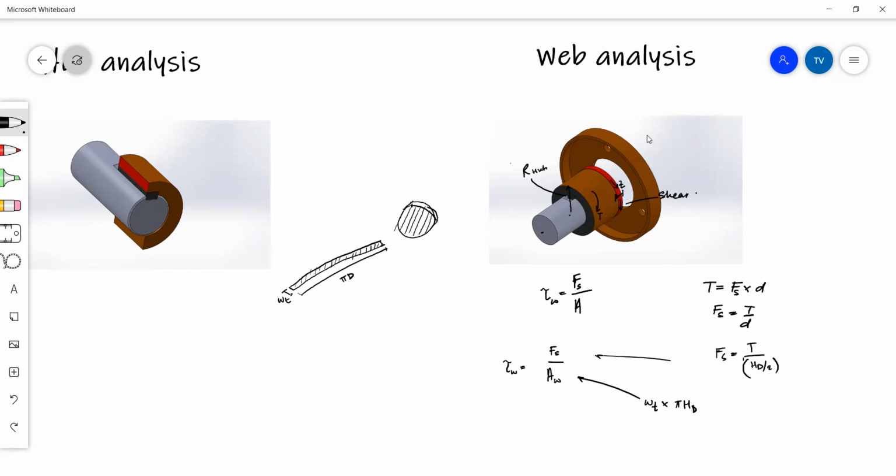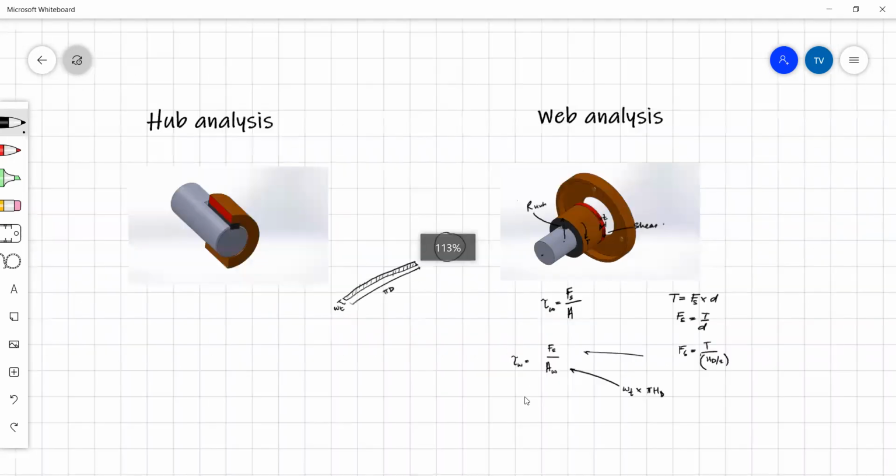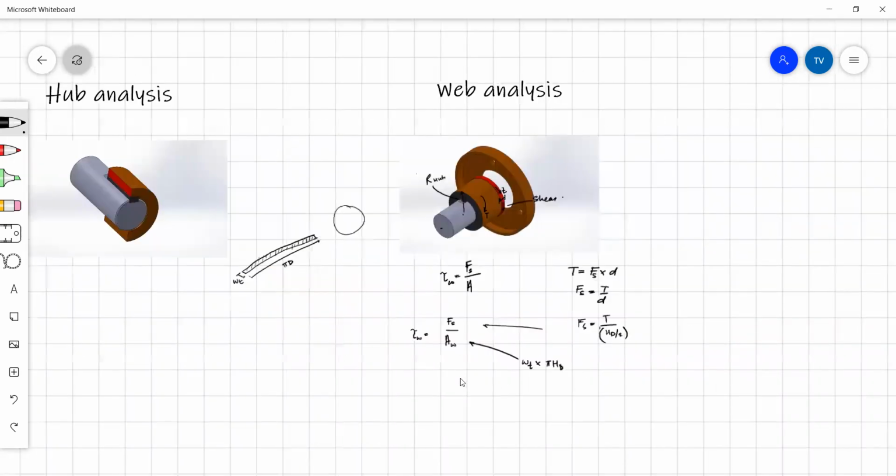If we were interested in this surface as the stress surface, then yes, we'd use pi r squared. But as it is, we're interested in the circumference. So pi d or 2 pi r. All right. Cool. I hope that answers your question about the web analysis.